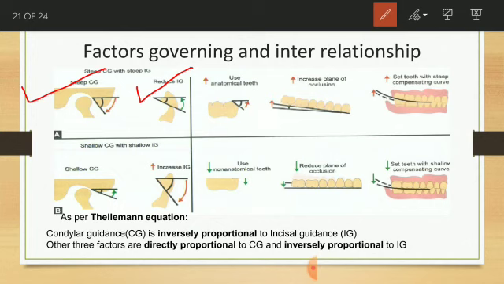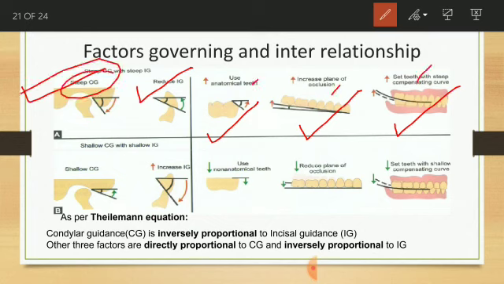This means that if the condylar guidance is steeper, then the cuspal angulation should be increased, the plane of occlusion should be increased, and the compensating curves should be deeper. So these 3 factors are directly proportional to condylar guidance and inversely proportional to incisal guidance.